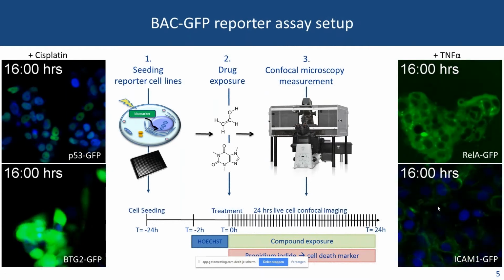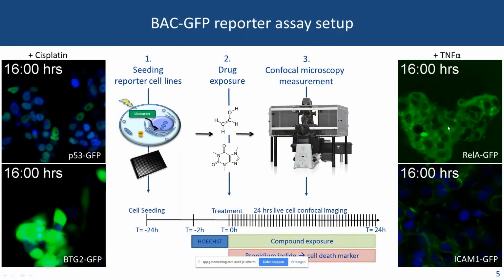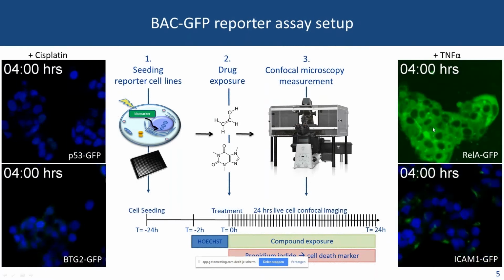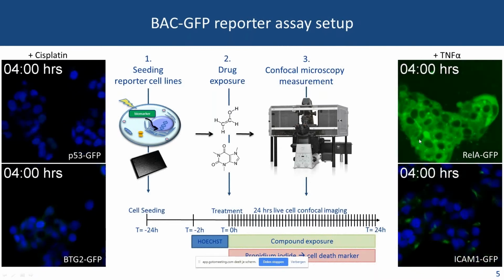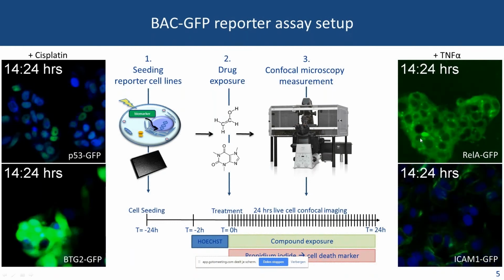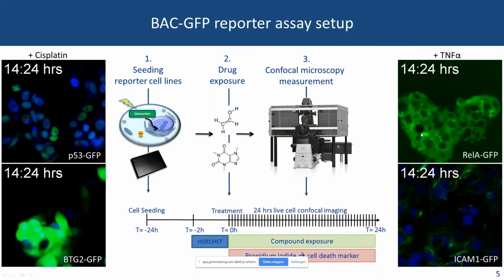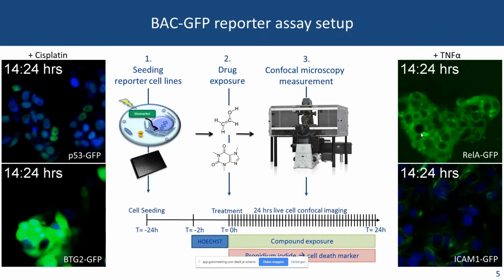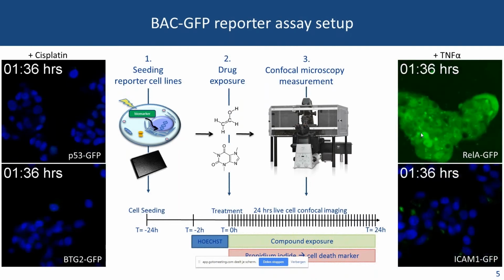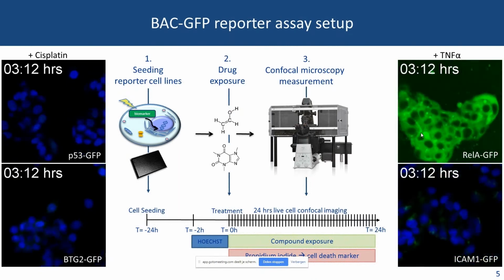A20 is a negative regulator of REL-A, and this creates an oscillatory pattern of REL-A or NF-κB translocating to the nucleus, but then also being dragged out of the nucleus into the cytoplasm and into the nucleus again. I think it's a beautiful example of how we can actually study such a very dynamic response with our reporter setup.